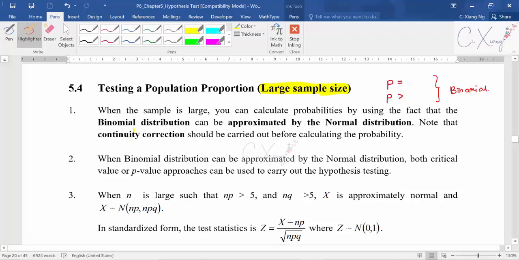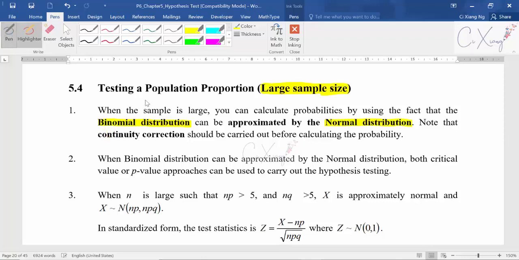Okay, so here they already mentioned when the sample size is large, you can calculate the probability by using the fact that binomial distribution can be approximated by normal distribution. So the concept is more or less the same as what we learned before, like in AS level. Under a certain condition, you have to change the binomial to normal, right?